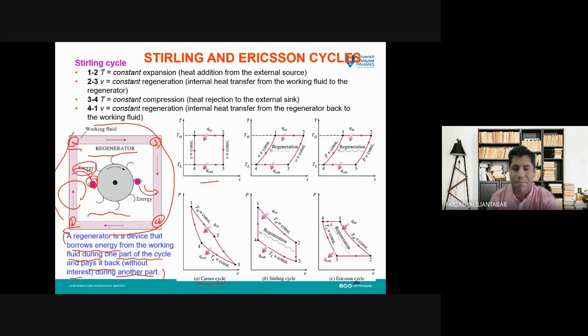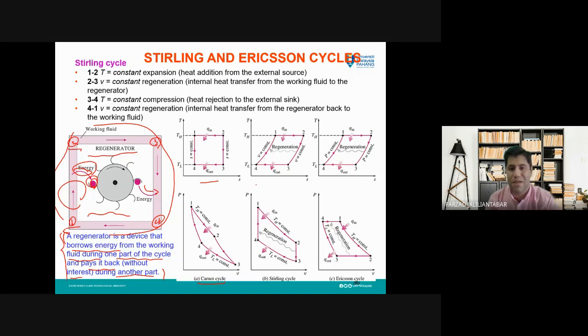Here is just the basic concept of the regenerator, and you need to know this definition as well. Later we will discuss more about regeneration, and you will see some real examples of this regenerator in the Brayton cycle.